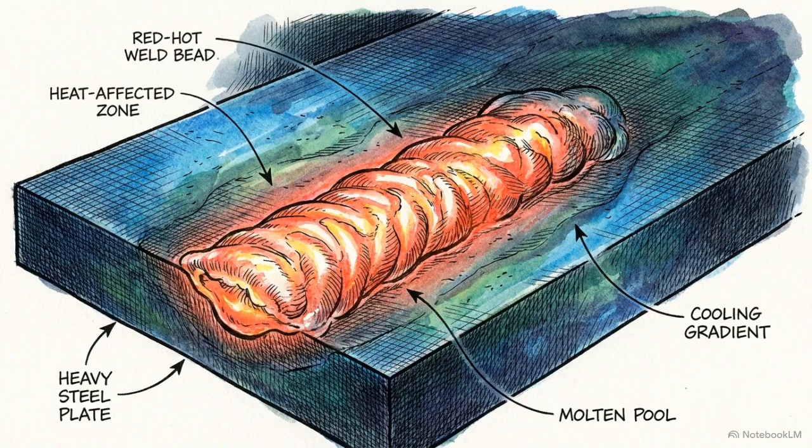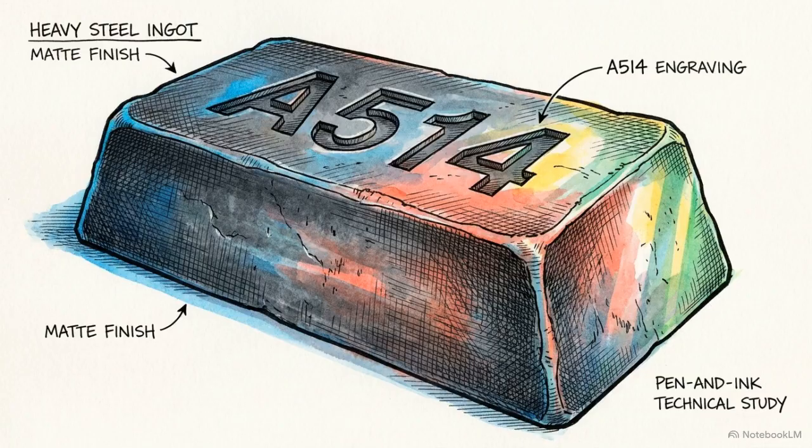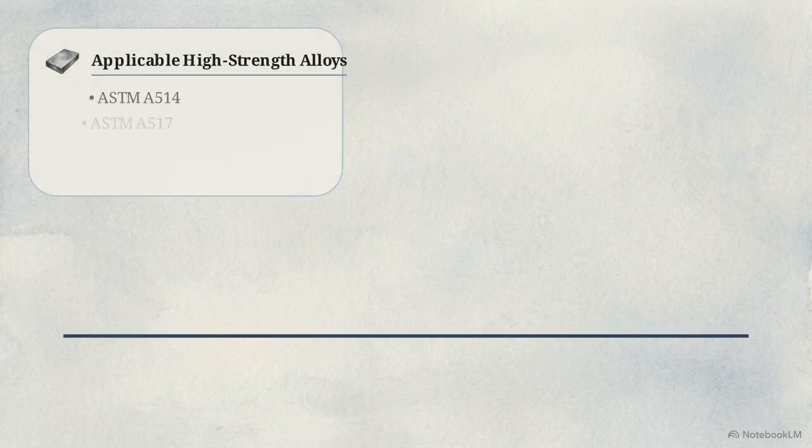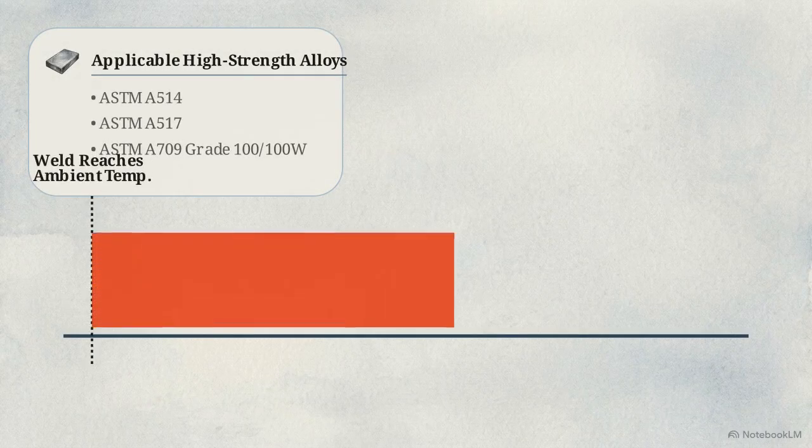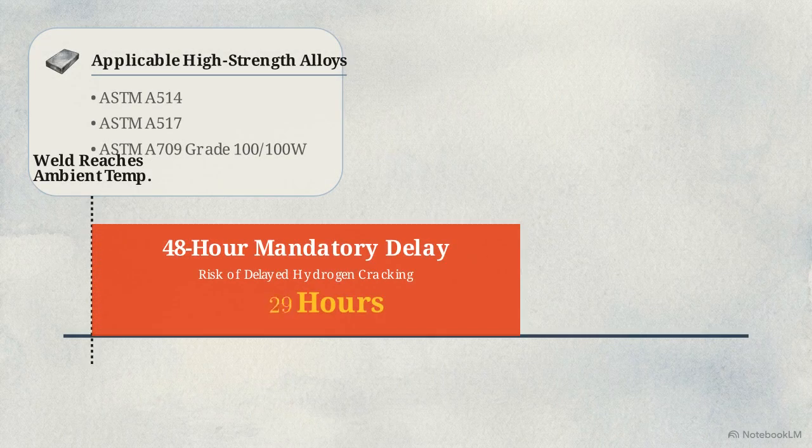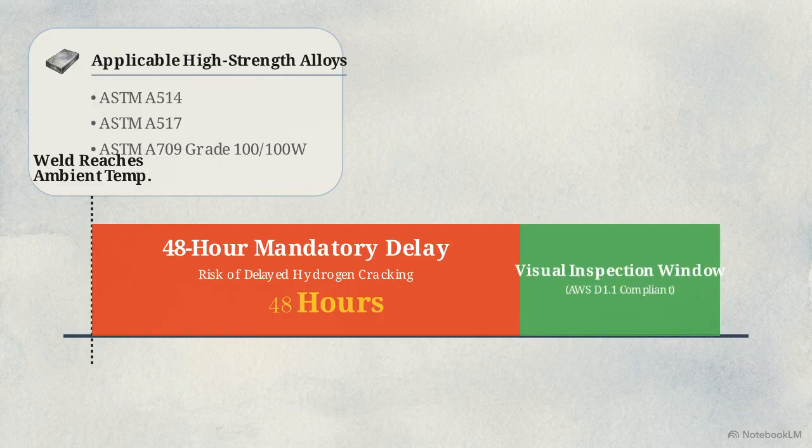Standard visual inspection typically begins once the weld cools to ambient temperature, but the code mandates a hard exception for high-strength materials, like ASTM A514 or grade 100. For these specific alloys, the AWS D1.1 code requires visual inspection to be delayed for at least 48 hours after the completed weld reaches ambient temperature.